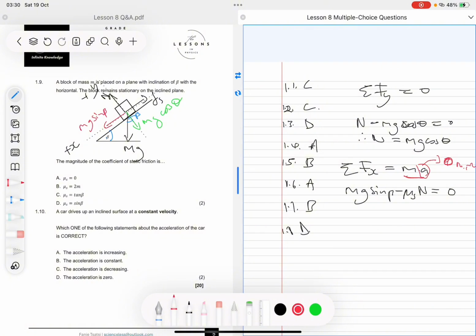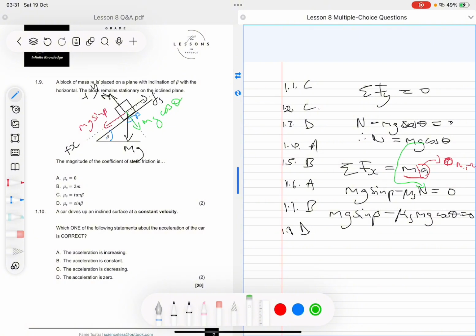Now, I will substitute this force here on the normal force, right? So that I have mg sine of beta is equals to, okay, before I do the equal sign, perhaps I could just say the coefficient of static friction times mg cos theta, right, is equals to 0.